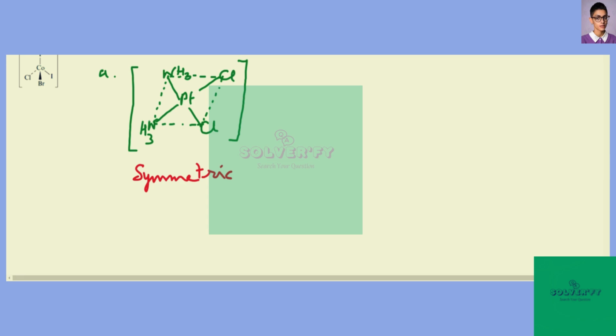So this cisplatin cannot show any optical isomerism, and its mirror image will be a superimposable mirror image, and that is why also we can say certainly that it will not have any optical isomerism.